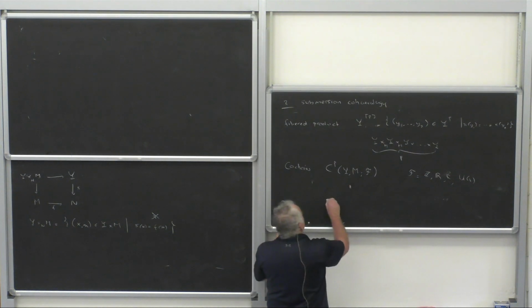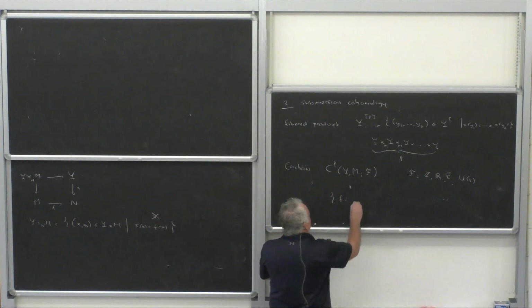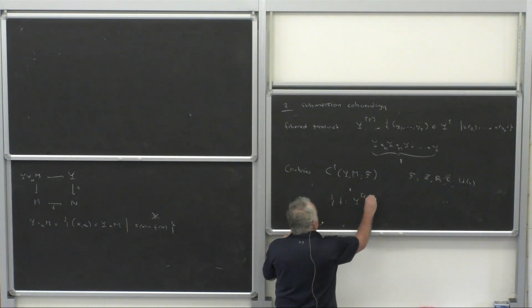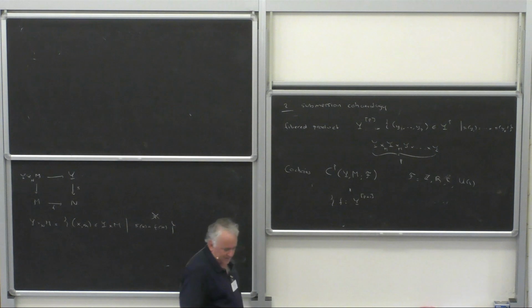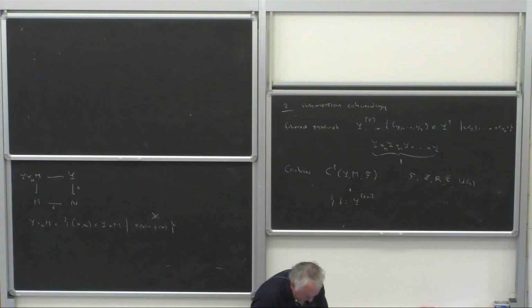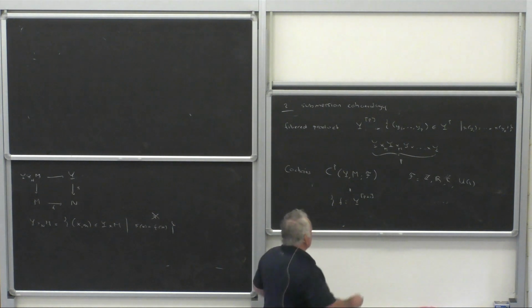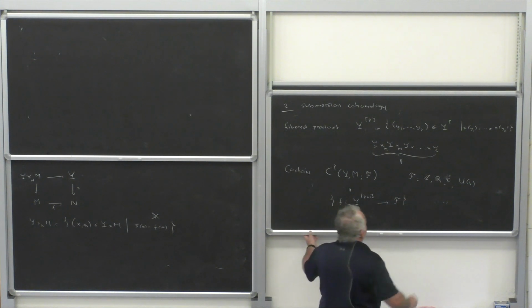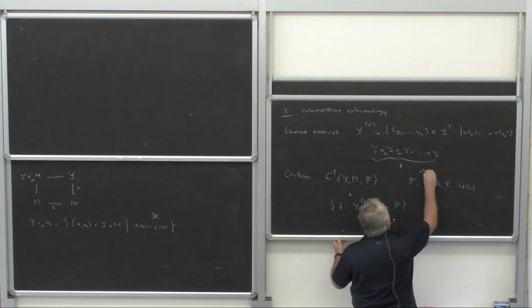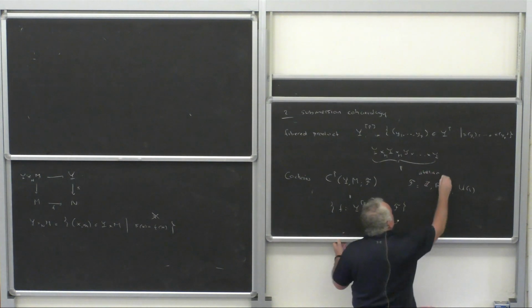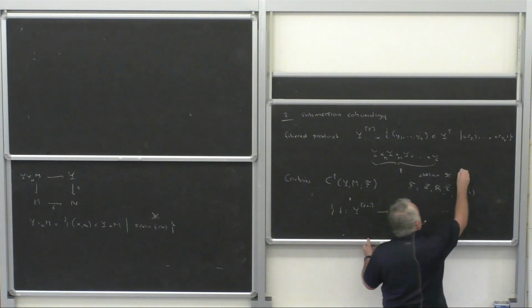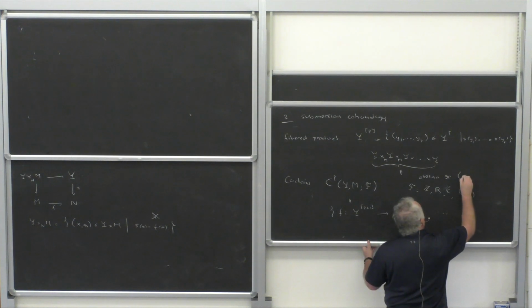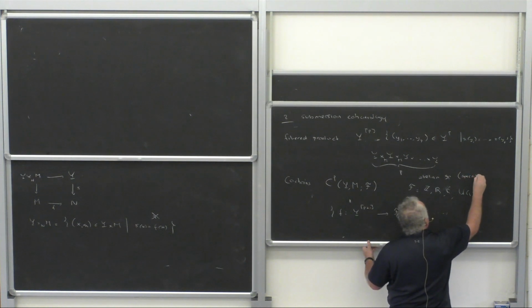So these are functions from the (p+1)-fold fibered product to F. Now I will take F to be an abelian group, and I will write the operation as plus.